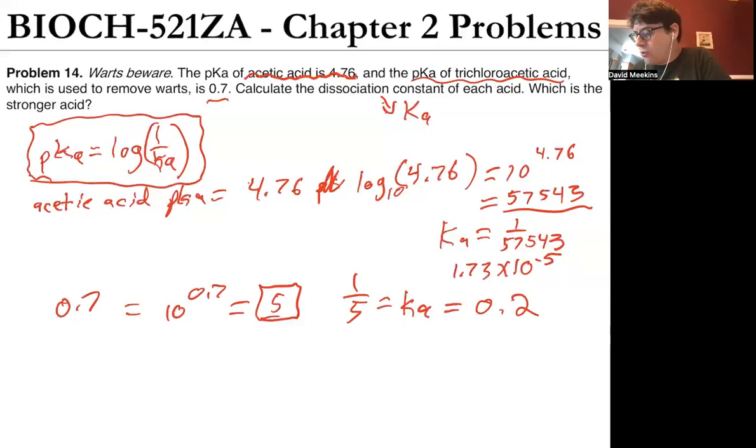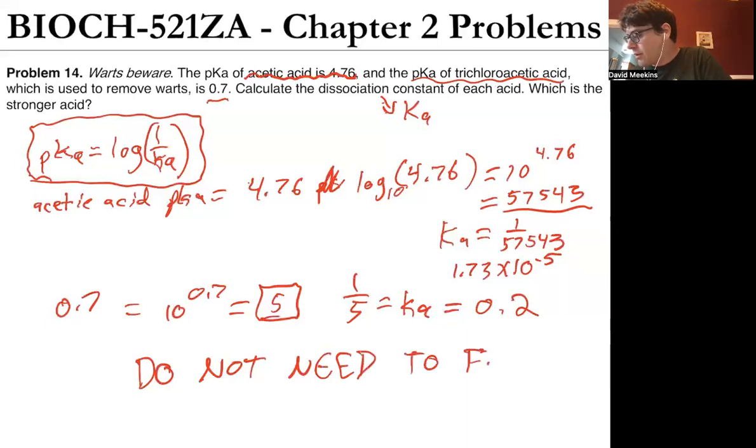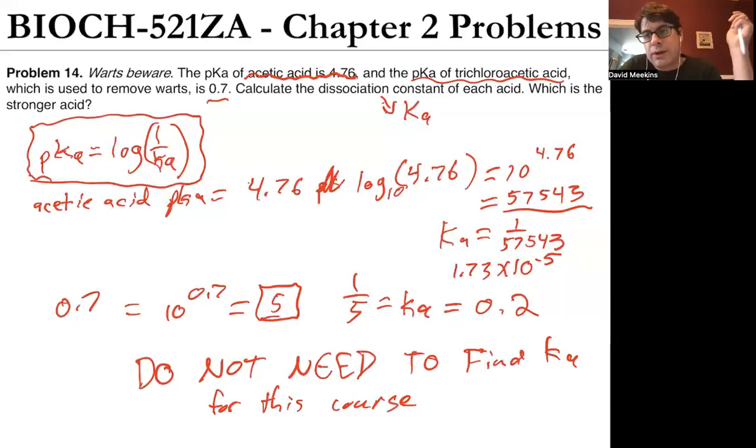But again, you do not need to find Ka for this course. This is a general biochemistry course. This is something that's more important for general chemistry, so that's why I didn't recommend this problem. You're not responsible for this information, but that's how you would figure out that answer. It is useful to know that equation right there.